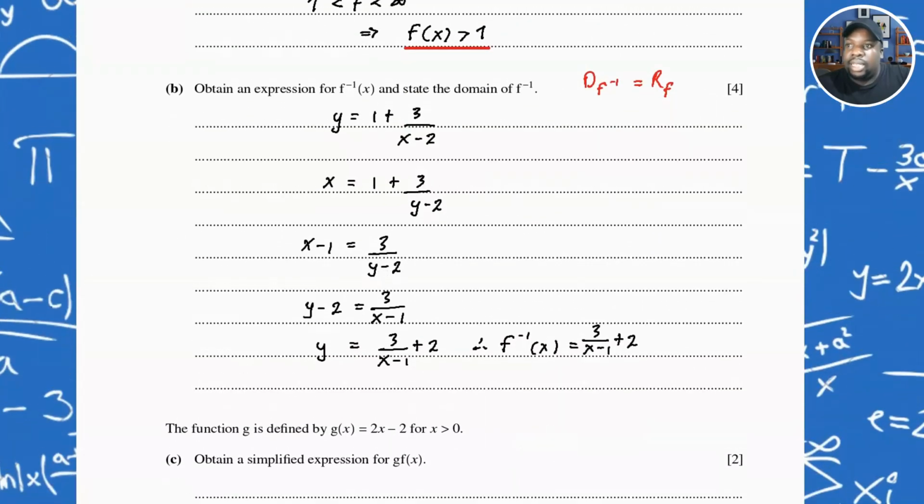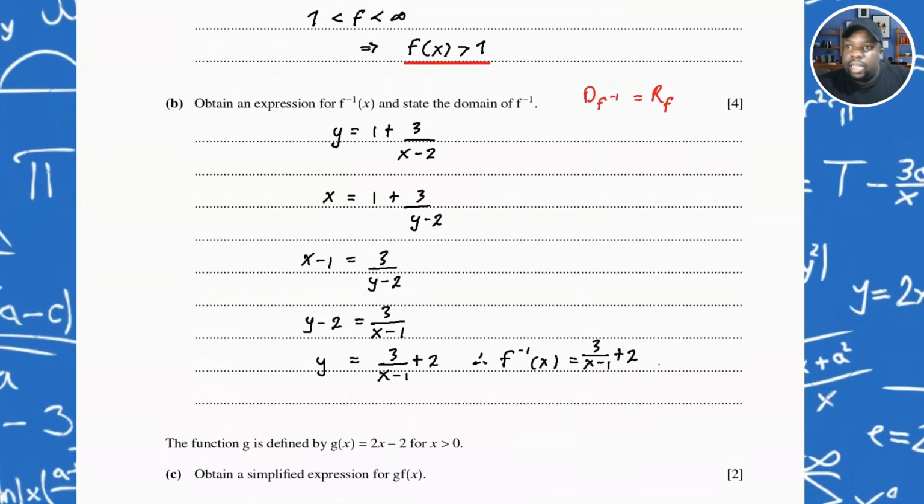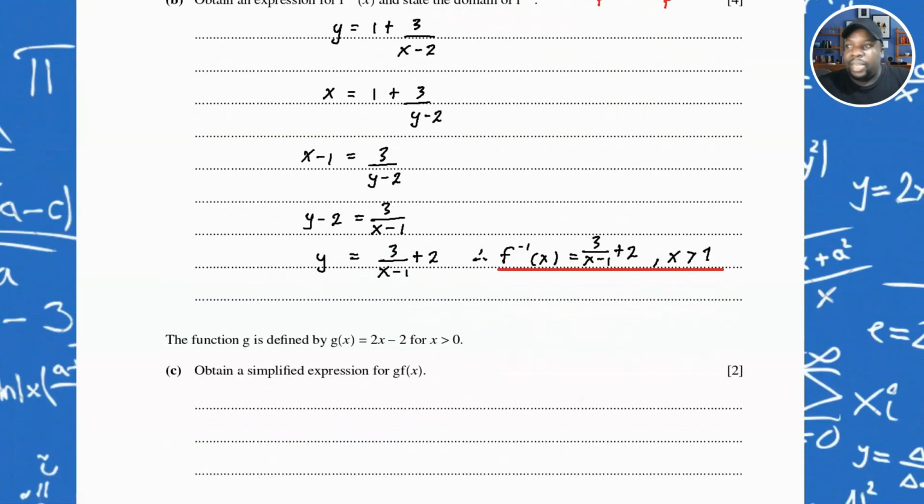So it'll, in this case, be that x is greater than 1. So this here is the right answer. That's how we answer part B. So I hope you got that. All right, let's go on to part C, shall we?